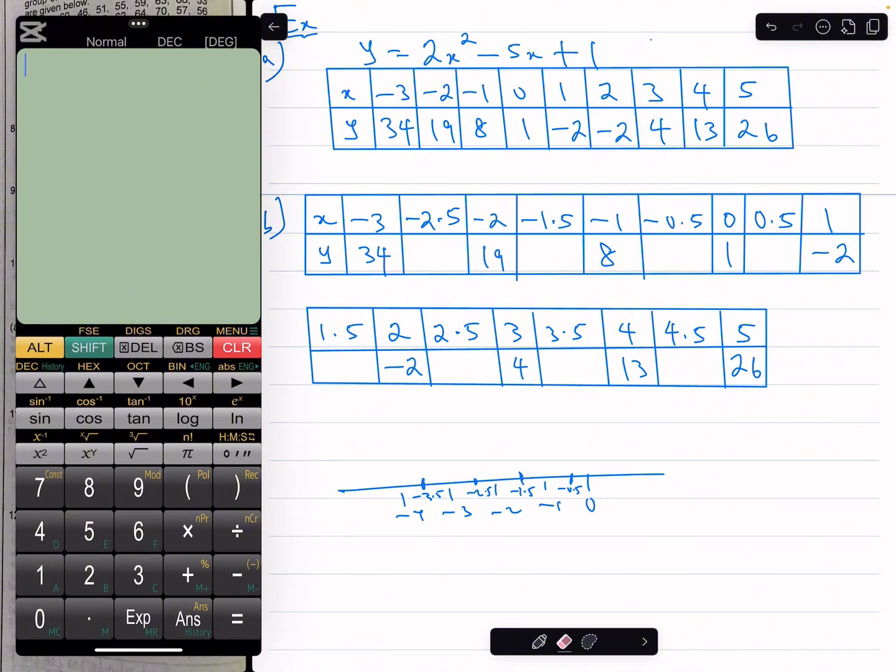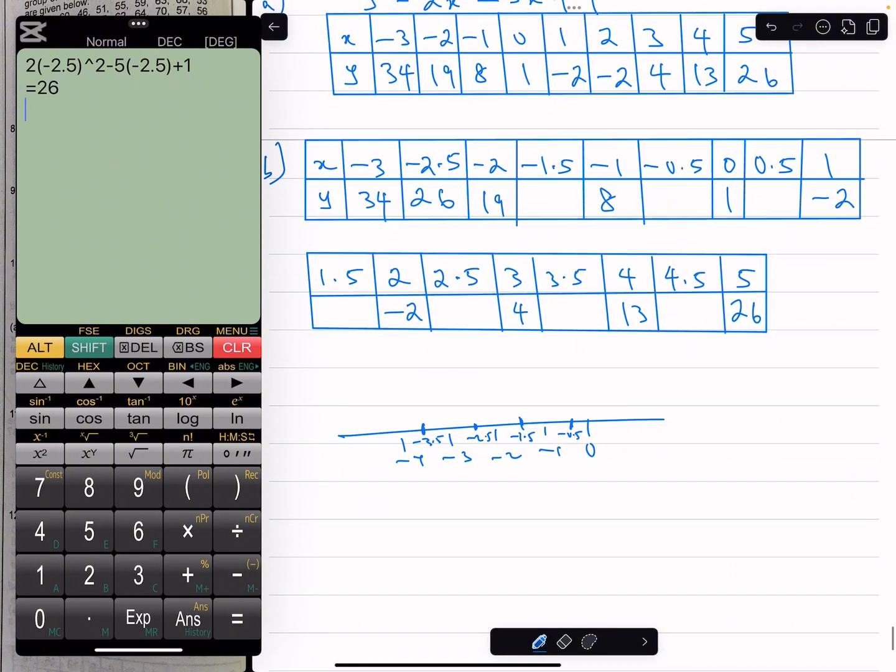When x is minus 2.5, y will be 2 times the square of minus 2.5 minus 5 times minus 2.5 plus 1, and that's 26. When x is minus 1.5, y will be 2 times the square of minus 1.5 minus 5 times minus 1.5 plus 1, and that's 13.